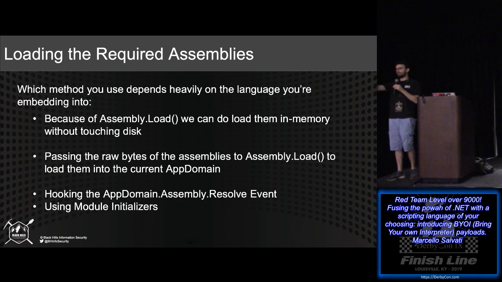You can put any logic of yours in that event, and when your C# payload tries to resolve those assemblies, it'll just execute your logic. So you can say, if you don't find these DLLs on disk or in your current directory, go download them from my server, for example, right? It's a really powerful feature.